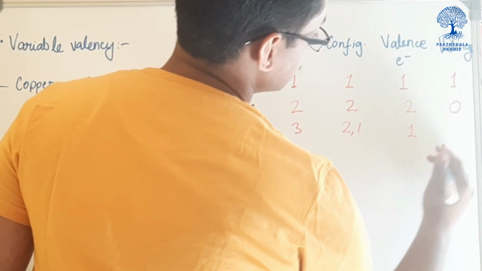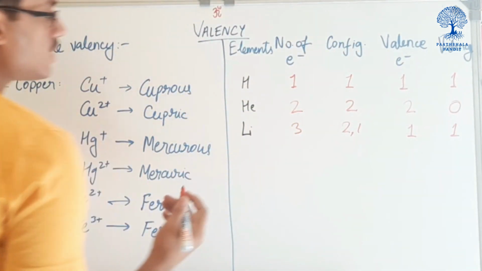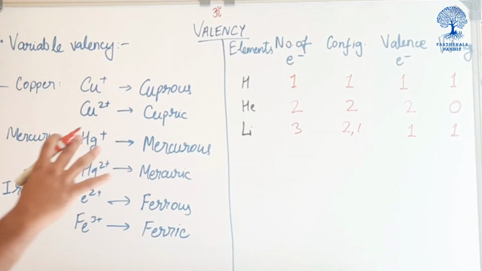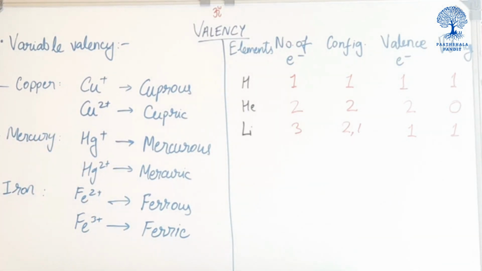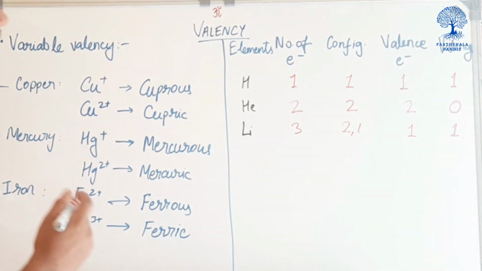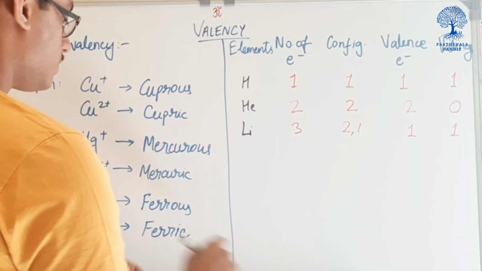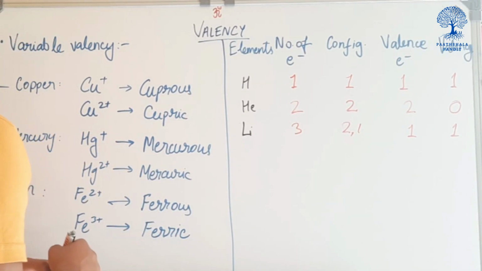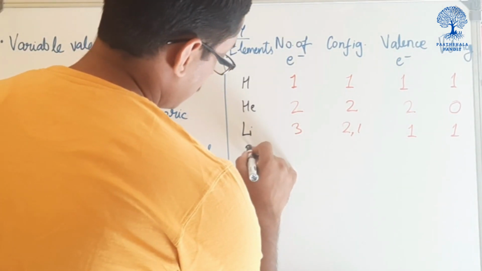Then the valency is also 1, because it is ready to give out this 1 electron and reach a duplet, because 2 is there. Lithium is done.